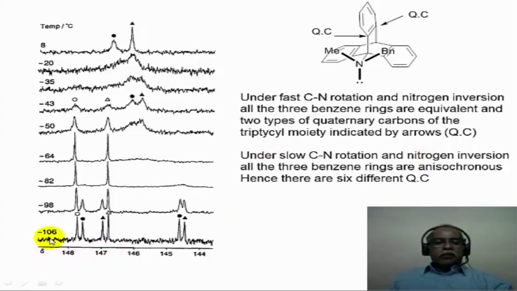This is what happens at low temperature when the spectrum is measured at minus 160 degrees Celsius. There are 6 carbons seen, corresponding to carbon number 1, 2, 3 in the front and carbon number 4, 5, 6 in the backside, which constitute the 6 lines that you see in the carbon-13 spectrum of this compound.